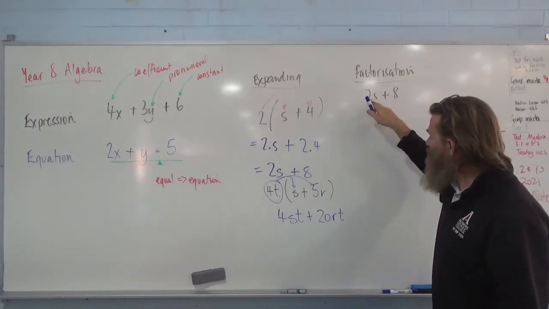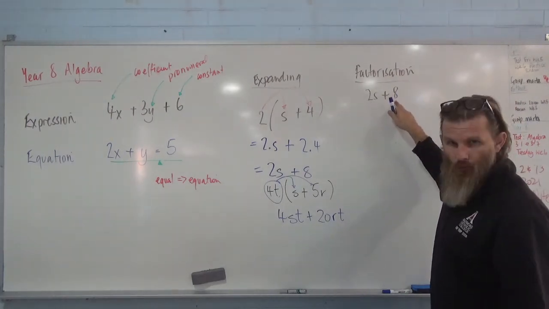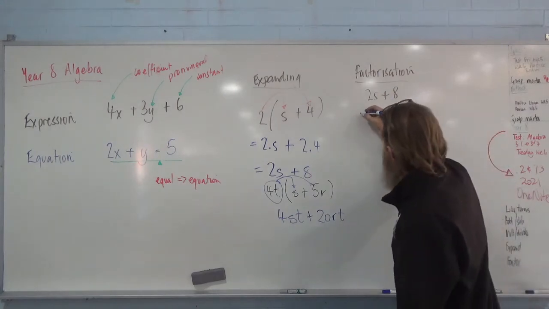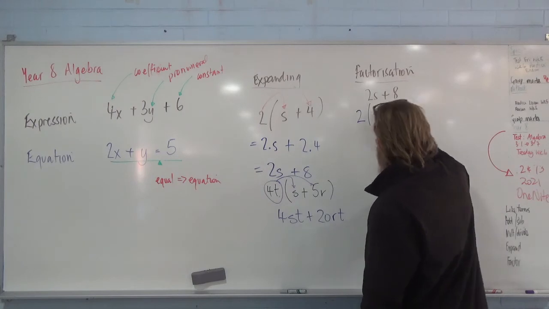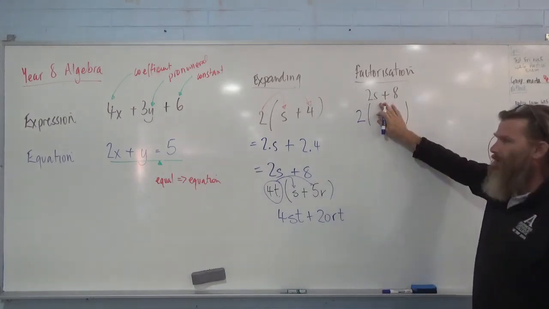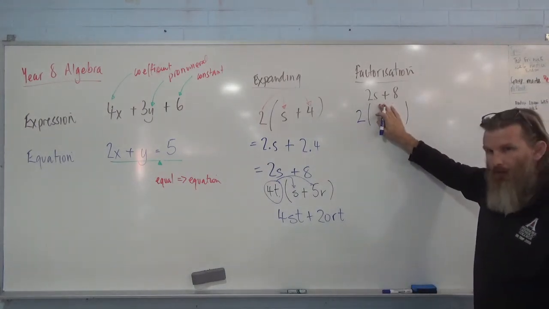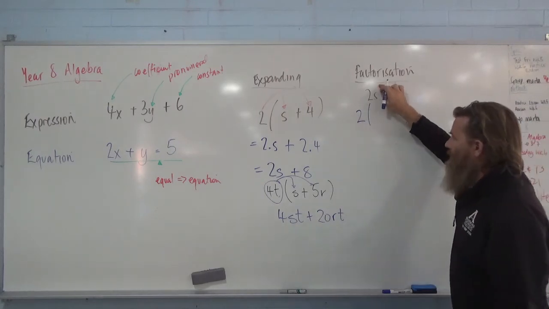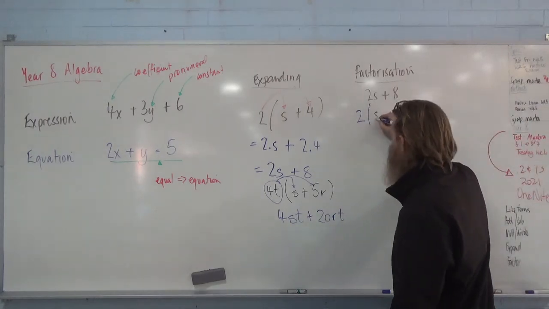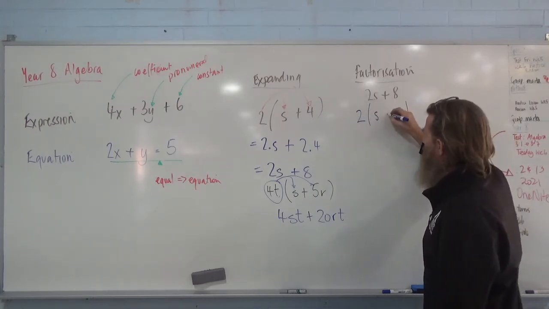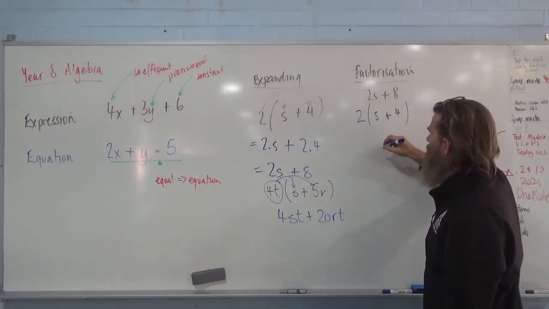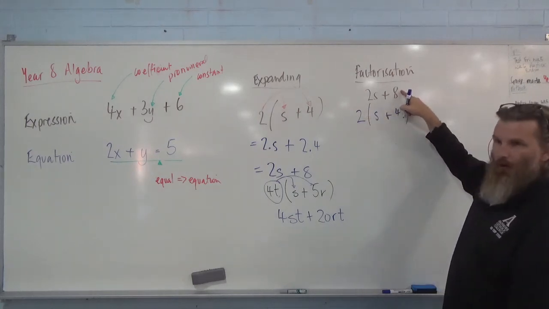And I see 2 here, and I know 2 will divide into 8. So I'll put 2 out front. Brackets. I've got to put stuff in here so that if I was to expand it, I would get back to that. Now my answer is going to be s, because 2 times s will get me 2s, and plus 4, because 2 times 4 will get me back to 8.